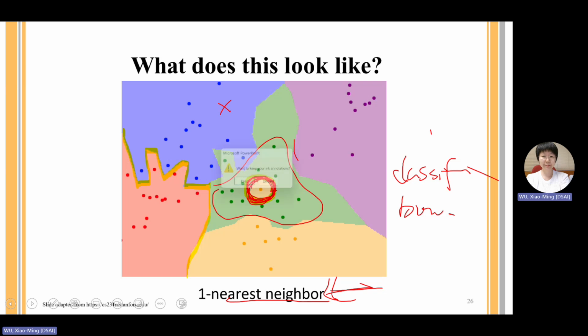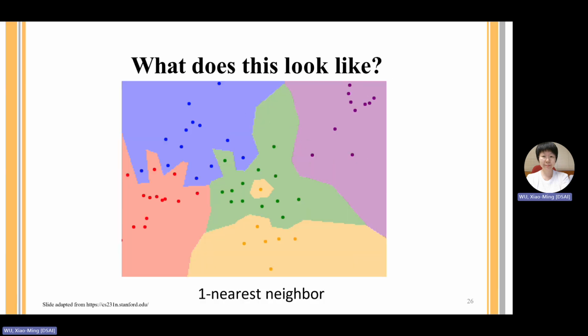However, due to the existence of this yellow point, the points within this region are classified as the yellow class. So this shows some limitations of the one nearest neighbor classifier.